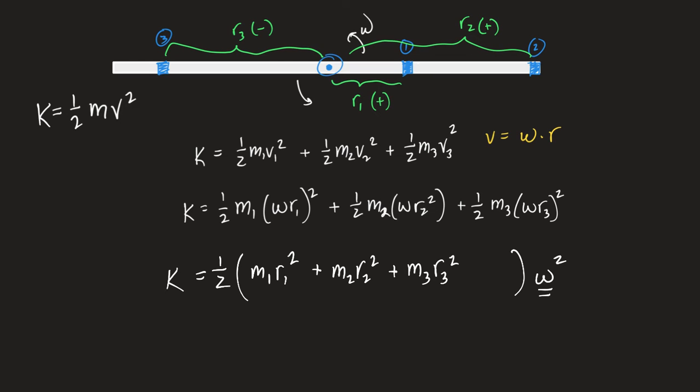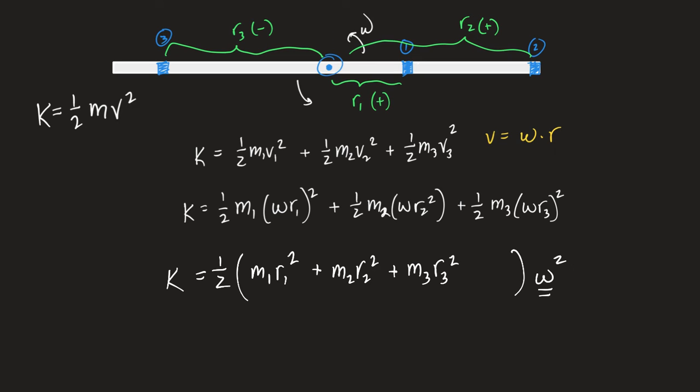The first thing I want to throw at you is that notice all the values for r are squared here, which means it doesn't matter whether you're on one side of the bar or the other. Because I square it, the fact that it's on one side or the other doesn't matter. That inertia isn't about what side I happen to be on, just how far away I am from the axis of rotation.